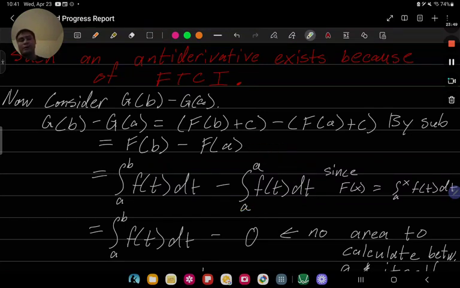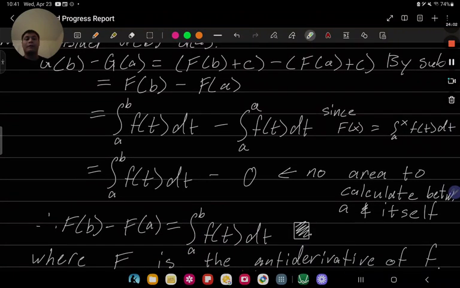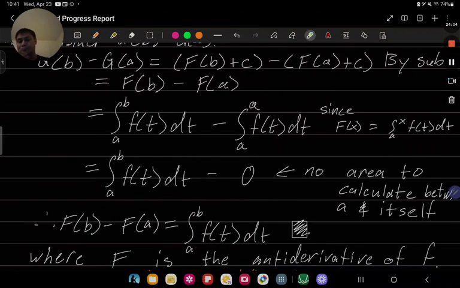But here's something special. If our start point is exactly equal to our endpoint, there is no b minus a. There's no width to calculate. So there's no area under the curve to calculate. And so this piece right here, this area, is actually 0. It's gone.